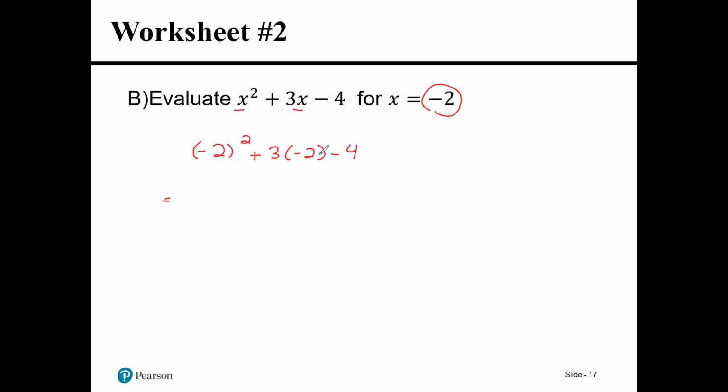Every place I have x, I'm putting in parentheses negative 2, so the negative is still coming with it. So this is negative 2 times negative 2. A negative times a negative is a positive, so positive 4. Here we have 3 times negative 2. A positive times a negative is negative, so negative 6.